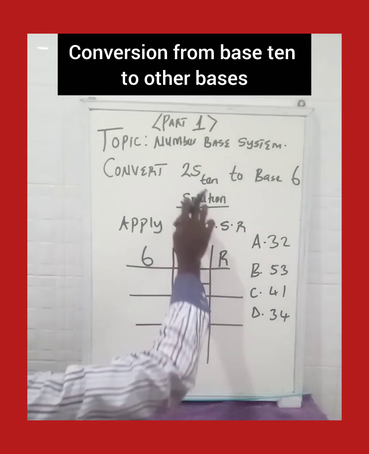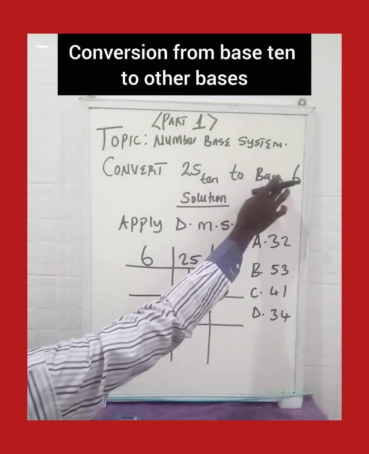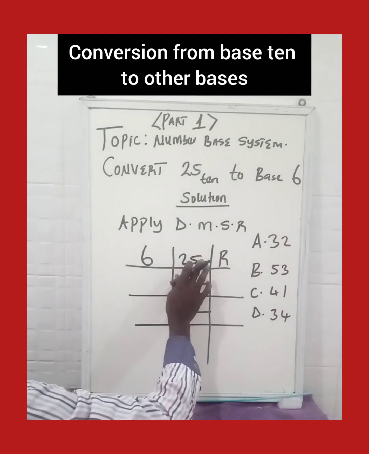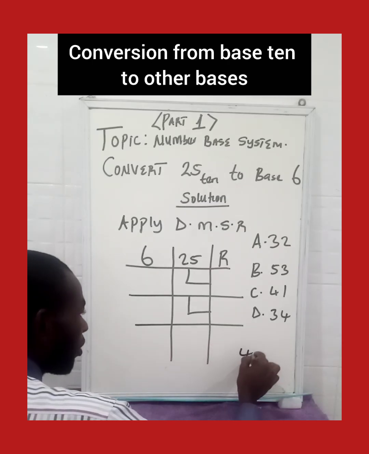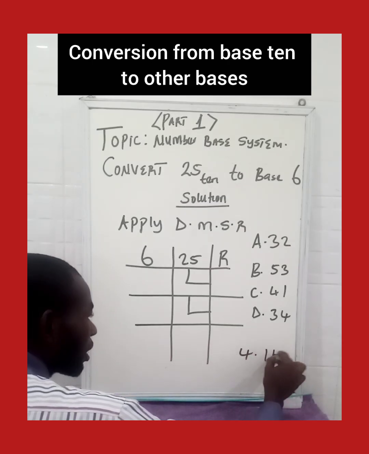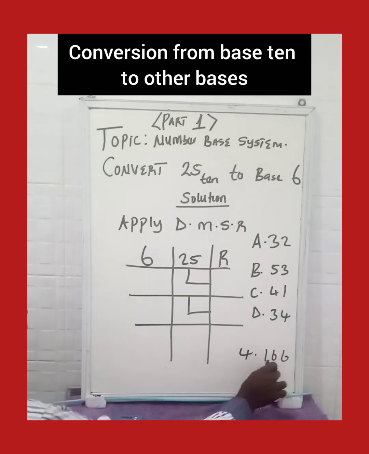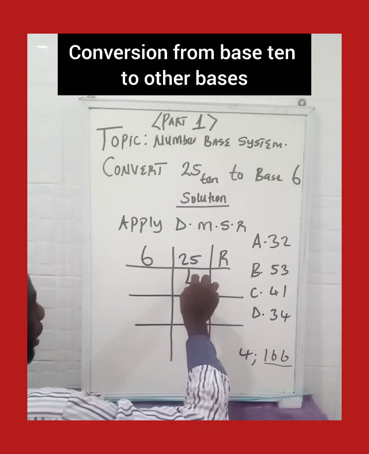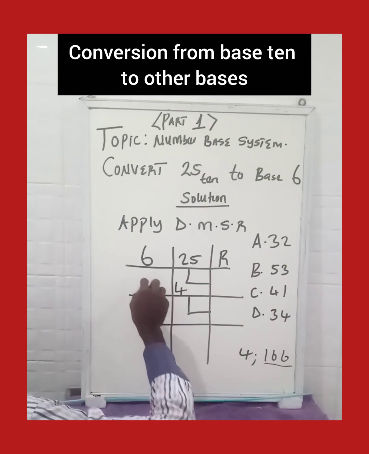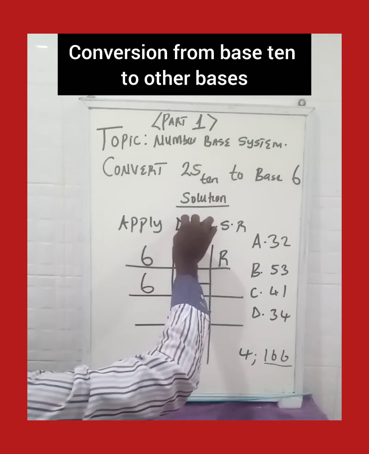Then, since I was told to convert 25 base 10 to base 6, I'm going to divide 25 by 6. 25 divided by 6 is going to give me 4.16666. I don't have any business with this. I'll pick this number 4 and put it here. That means I've already divided.